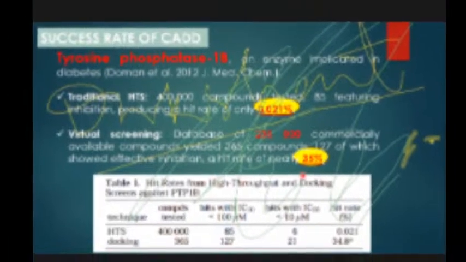CAD and COVID. Role of CAD in the research of COVID-19. For example, today I was just going through PubMed, and when I typed COVID-19 and docking, the number of results was 201.